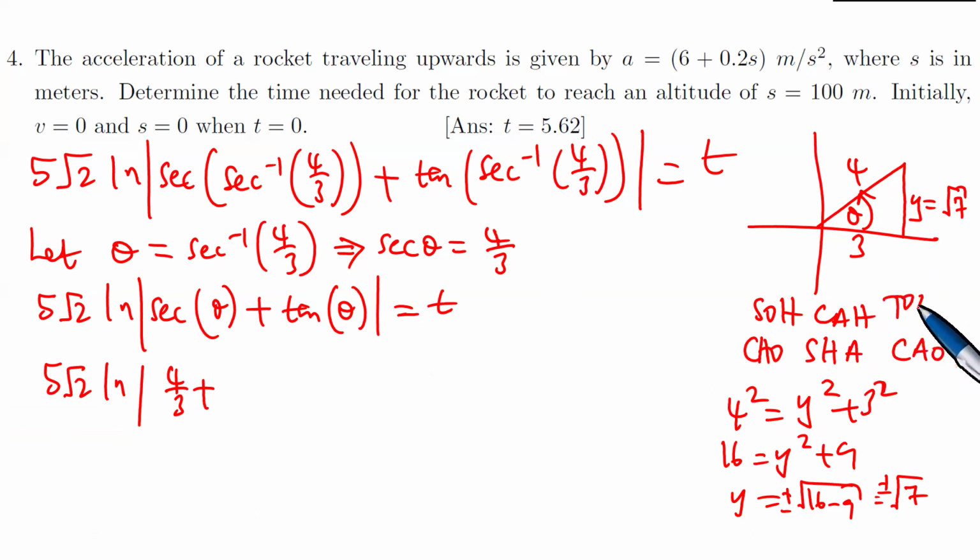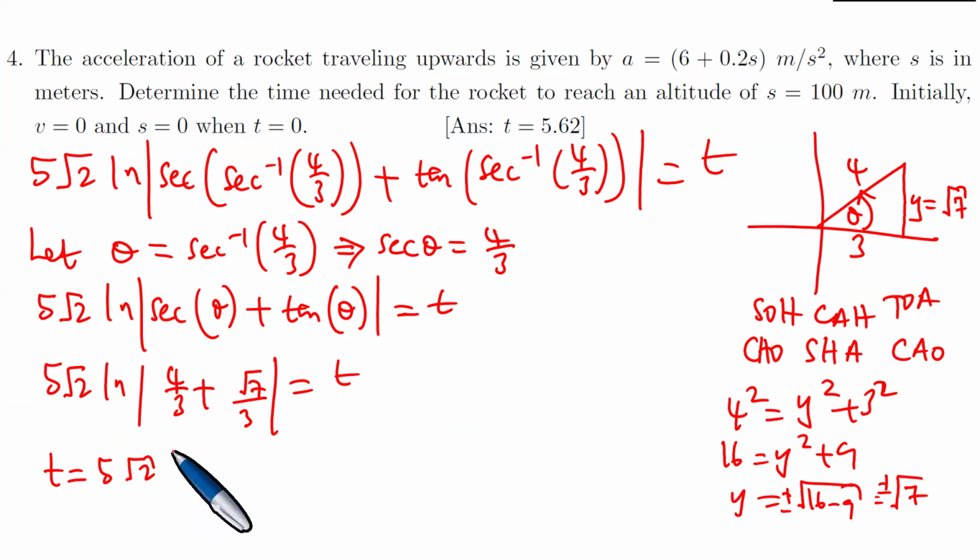I'm going to split this chart into different sessions because each of these is a bit lengthy. So the tangent of theta becomes opposite over adjacent, and the opposite is the square root of 7 while the adjacent is 3. In essence, our t is 5 square root of 2 times the ln of 4 plus the square root of 7, divided by 3, and then you'll get the answer.